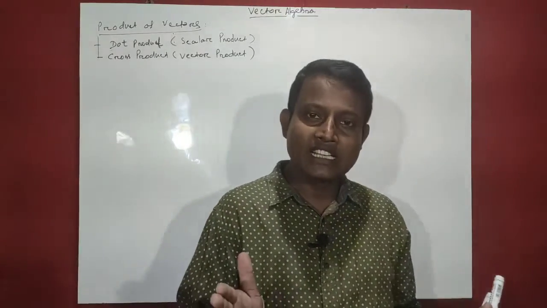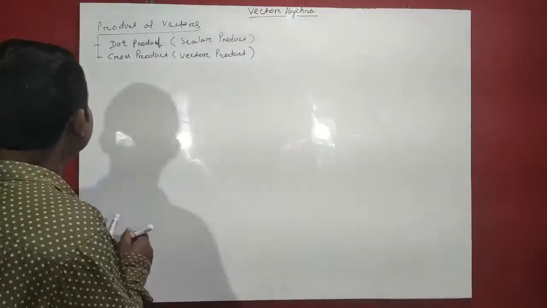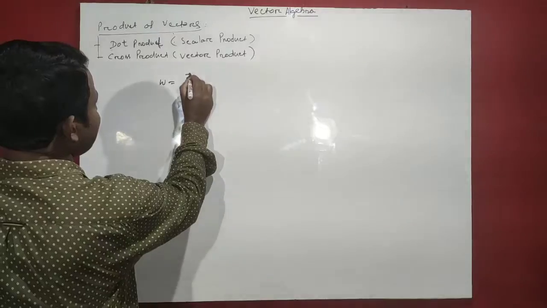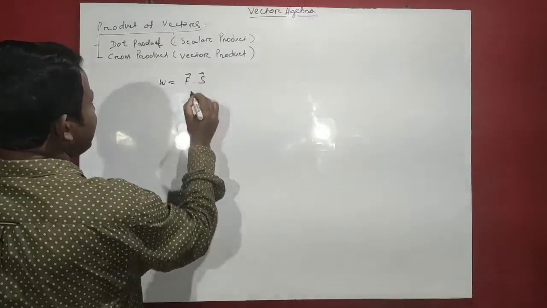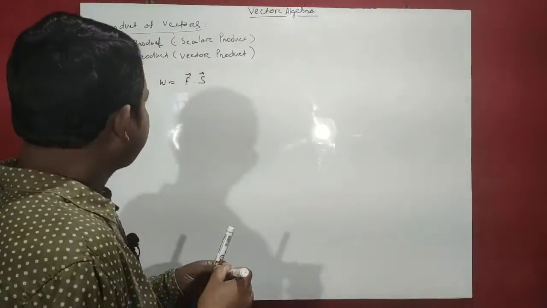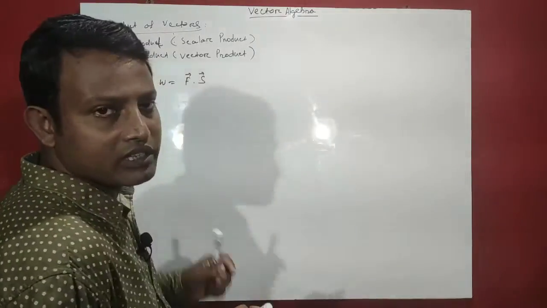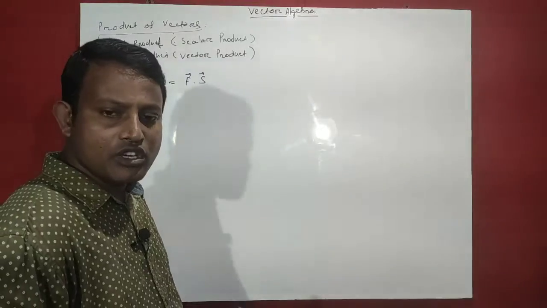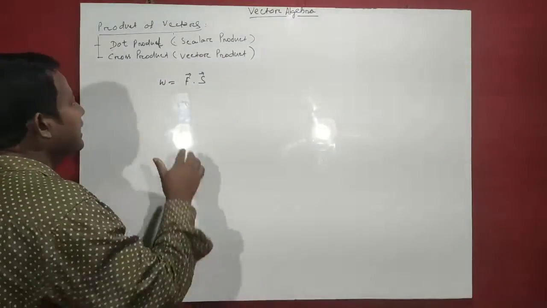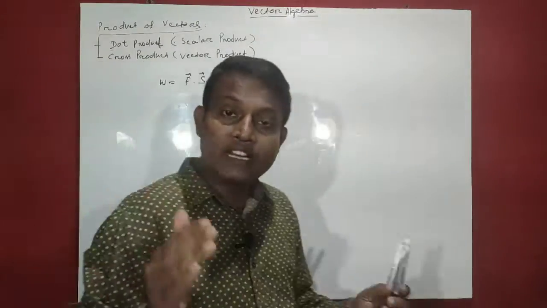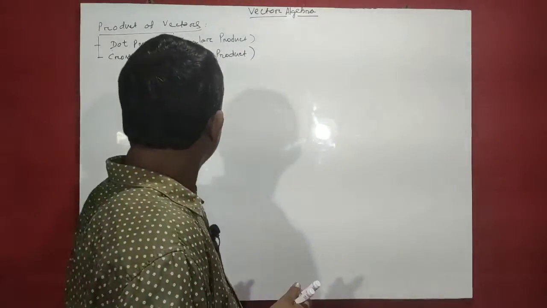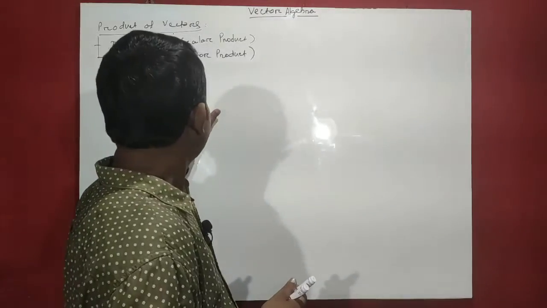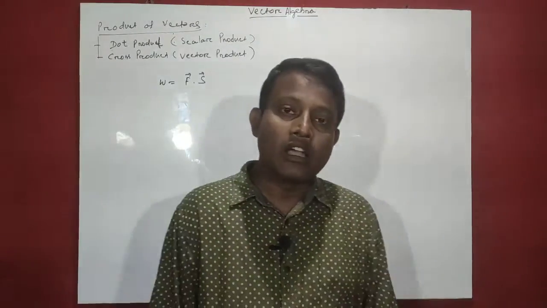Example, work. W is equal to F dot S. F is force vector and S is displacement vector. So guys, work is the product of two vectors, but work itself is a scalar quantity.